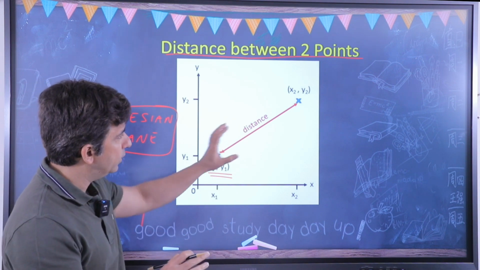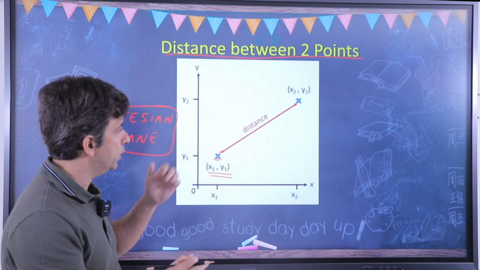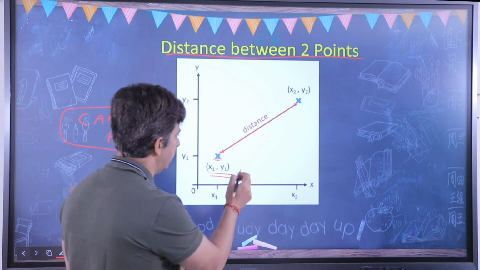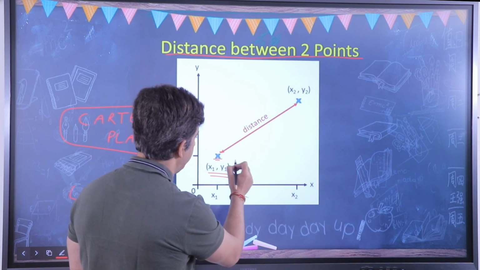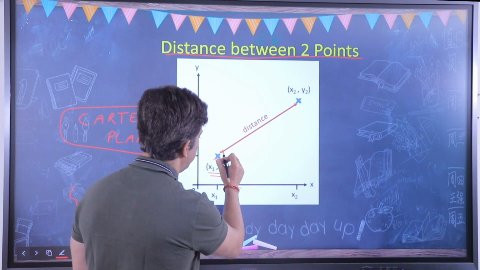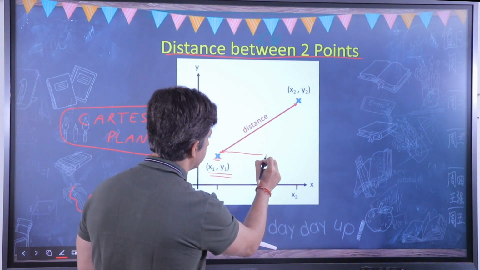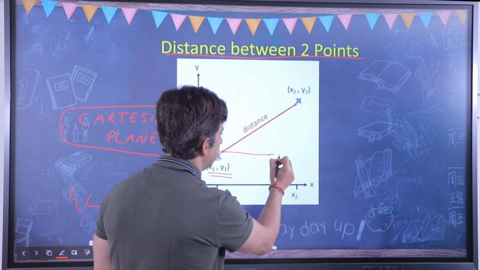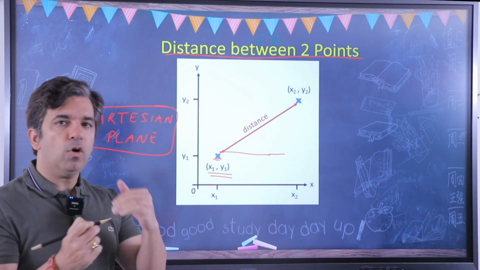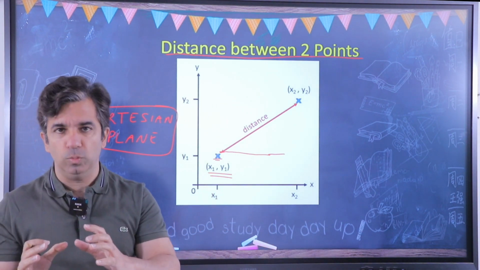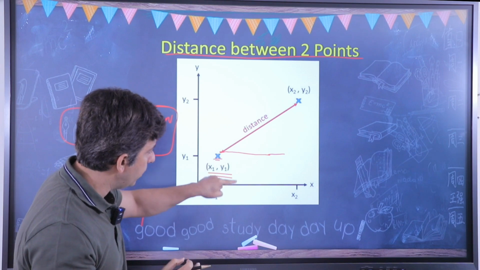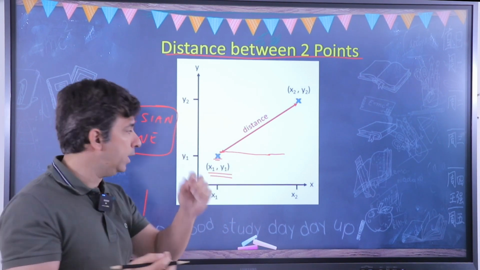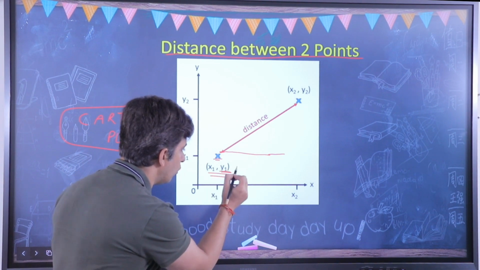So if we have to find the distance between 2 points, what's the logic? Let us understand a very basic proposition. If I move from this point horizontally, I can clearly assume that my height would remain the same, and height is represented by the y coordinate.